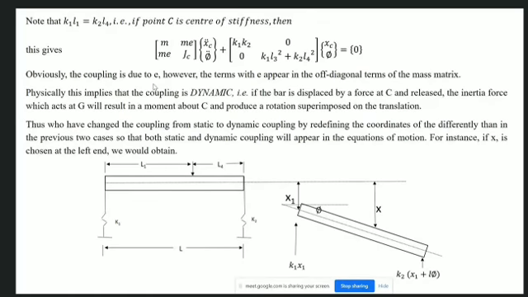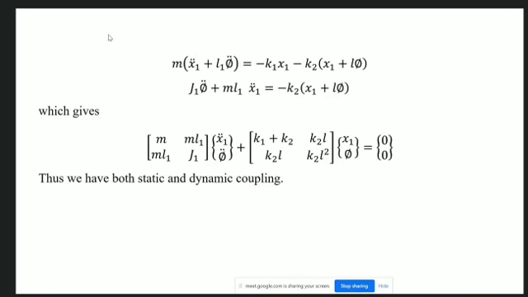And then if we go to some other point where this is not satisfied, we get a generalized situation in a simplified form where we will have the mass matrix having the coupling, and also the stiffness matrix is having the coupling.